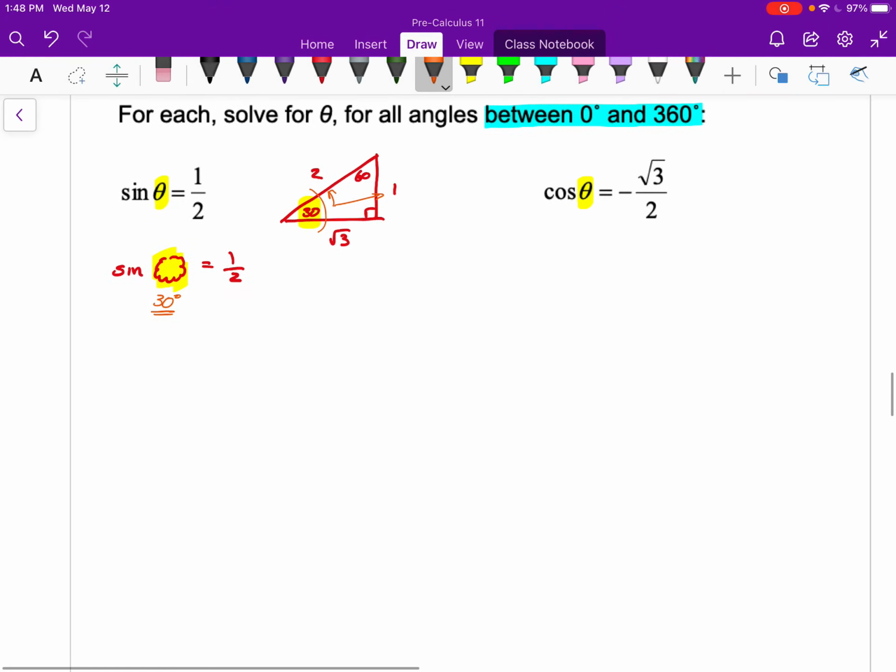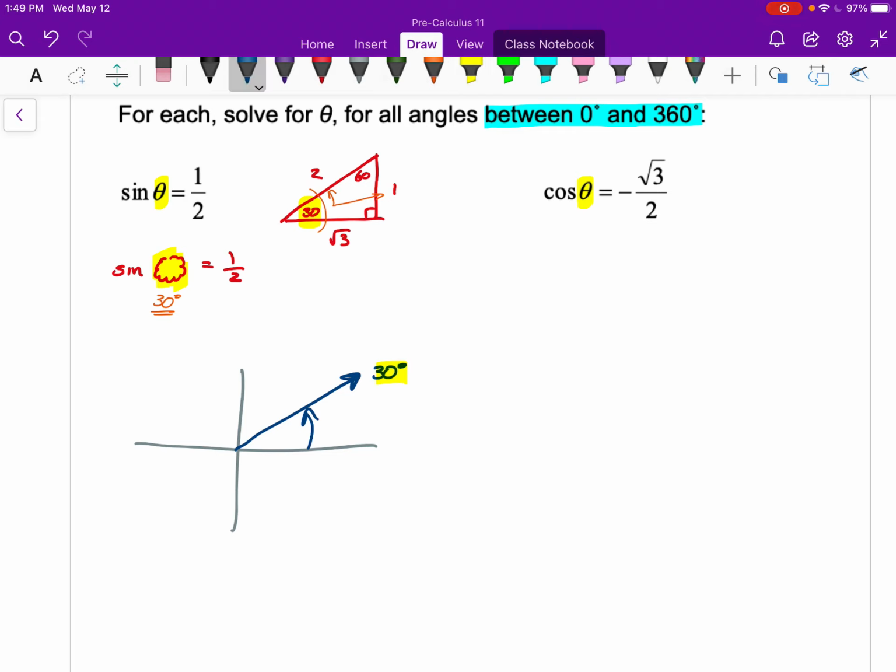So how is it not my only answer? Because if I think about an angle in standard position, let me think about 30 degrees. 30 degrees looks like this, let's say. Here's 30 degrees. And the sine of 30 does indeed equal 1/2. But sine will also equal a half over here in the second quadrant.